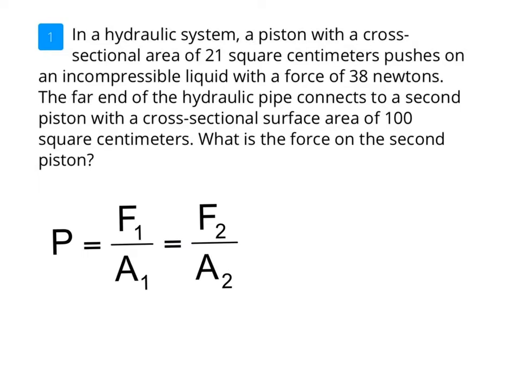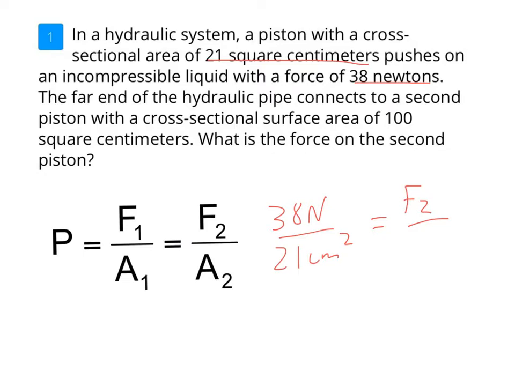If you'll notice, we are given our first force as 38 newtons, so we'll write in 38 newtons. Our first area is 21 square centimeters. Our second force is what we're solving for, so that's our unknown.